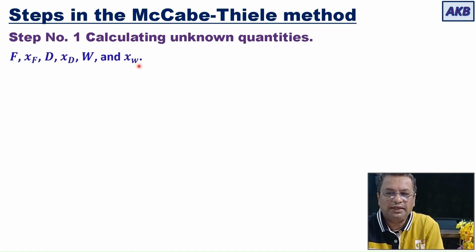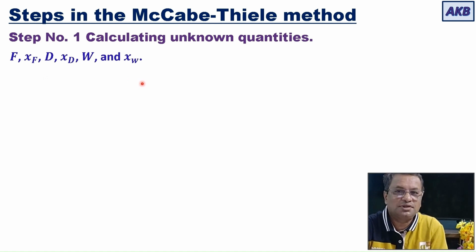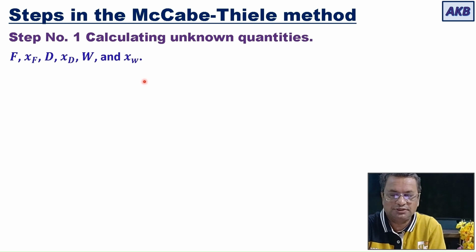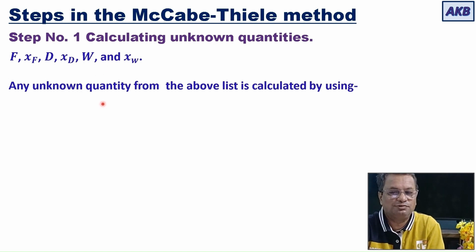Now, any quantity out of this may not be known to us. So our first task would be to find that quantity. Any unknown quantity from the above list has to be calculated.